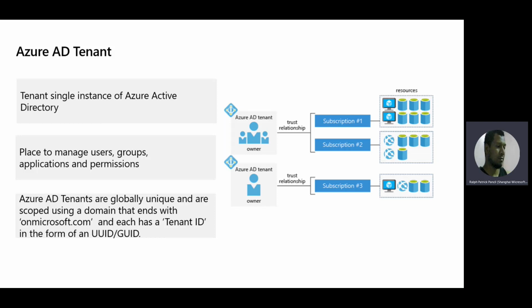A tenant refers to a single dedicated and trusted instance of Azure Active Directory, and it's created automatically when you sign up for a Microsoft Cloud Service subscription, right? So when you sign up for a subscription, you automatically get an Azure tenant, and this tenant is an instance of Azure Active Directory. So the identity provider behind this is Azure Active Directory, right?